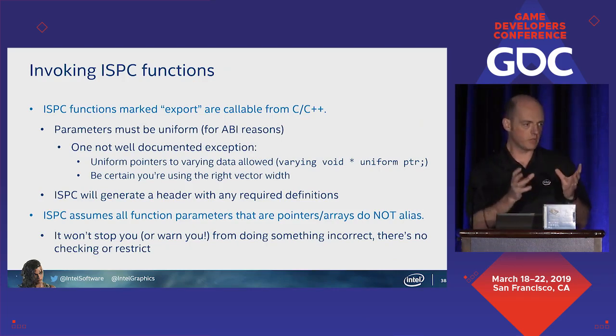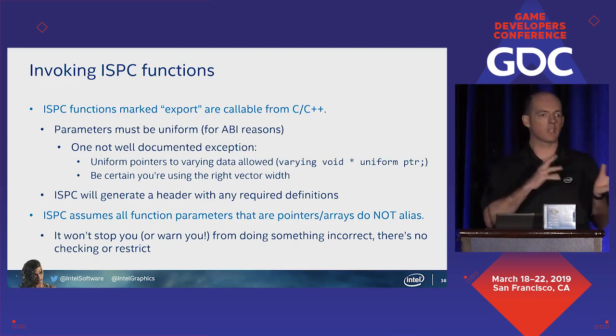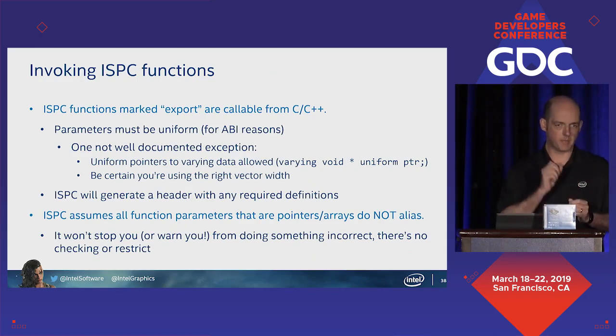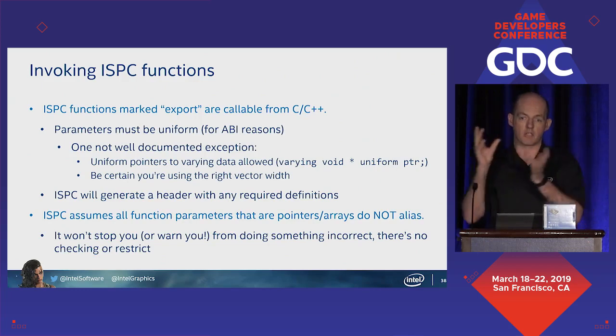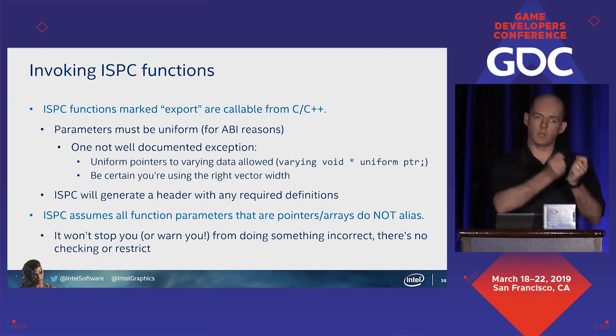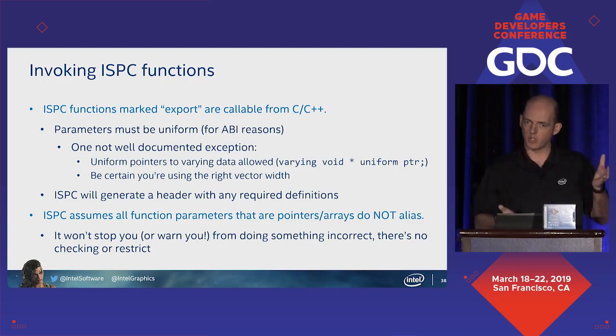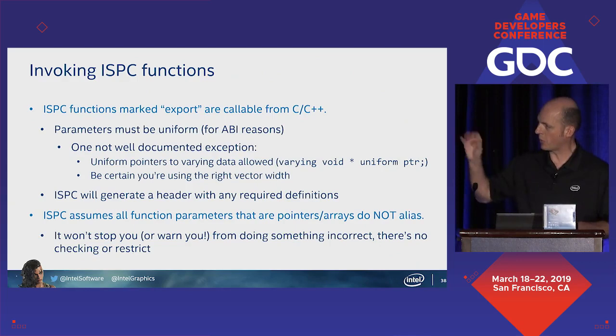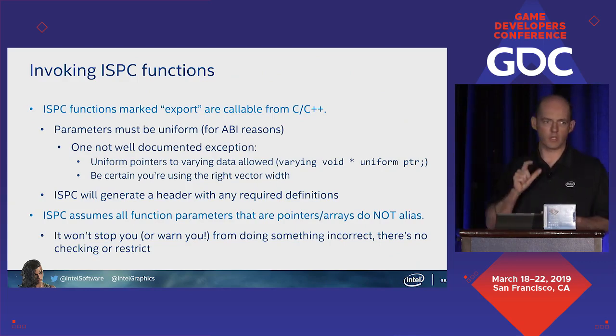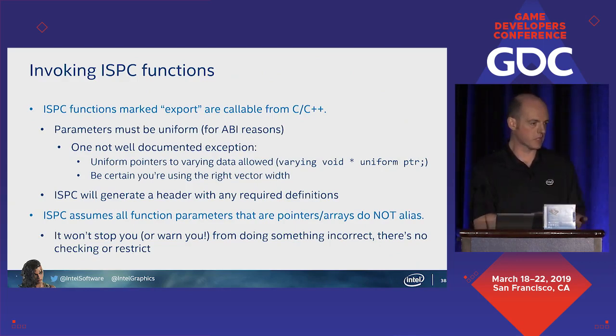The first thing you do, as Pete was suggesting, perhaps it's an array of structures, you want to transpose it. So you perhaps have your kernel which does that transposition for you. You pull the data back into your C code, you then call another kernel which does all the work, and then at the end, you can transpose it back again. That's why we have this. Obviously, if you're going to try and dereference these varyings from your C code, be careful, make sure you know what the vector width is that you're working on.